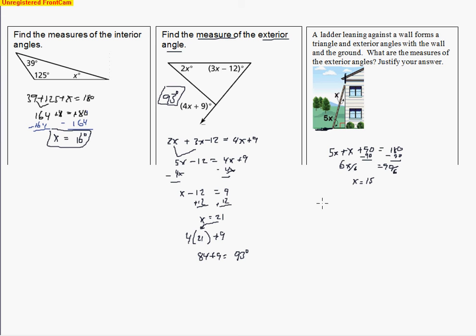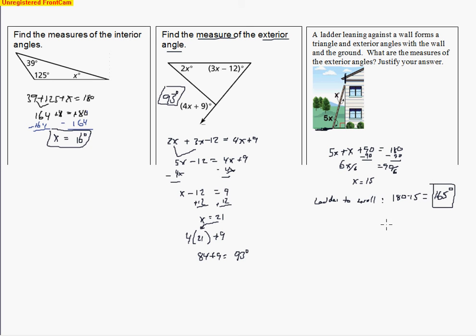So with the ladder to wall, that exterior angle is going to end up being, since x equals 15, I'm going to take 15 away from 180 degrees, and that's going to give me 165 degrees. So that's one of them.